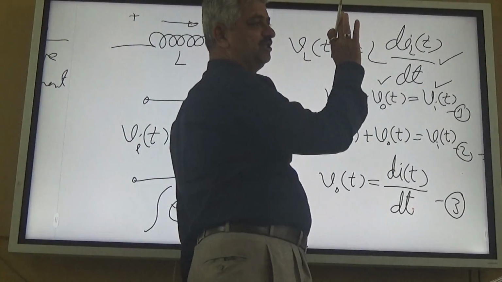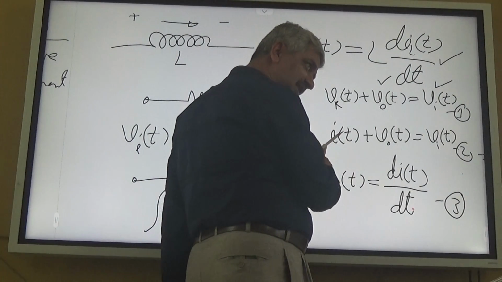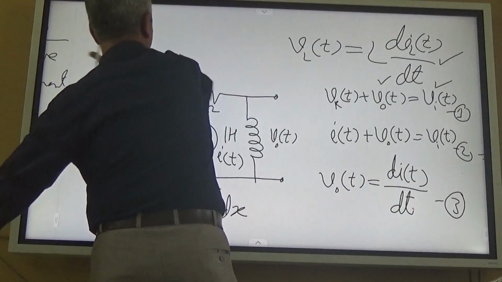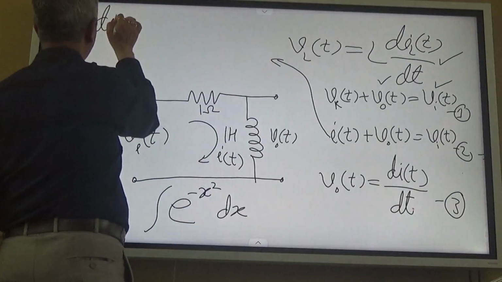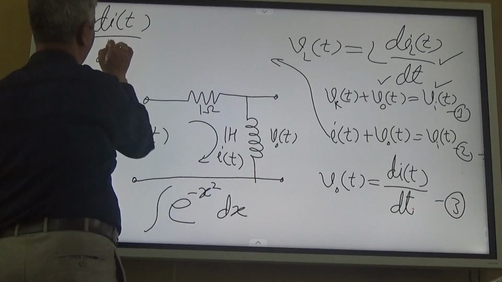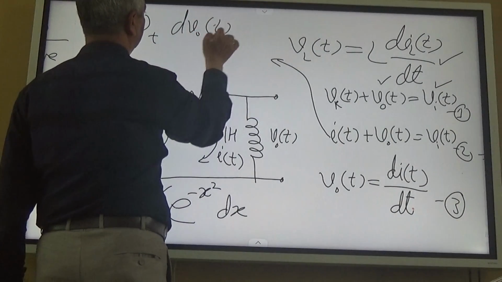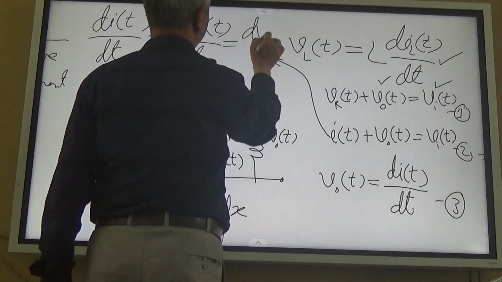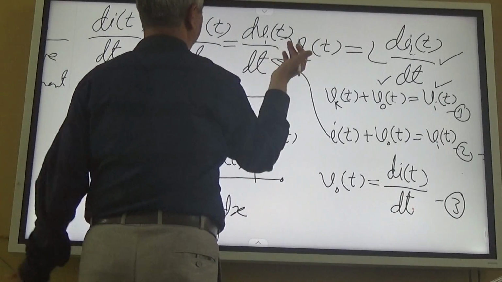Differentiate equation 2 with respect to t. What you get? di by dt. So it's quite simple and obvious now, and there we get the answer. dit by dt plus dVOT by dt is equal to dVIN by dt. That's all.